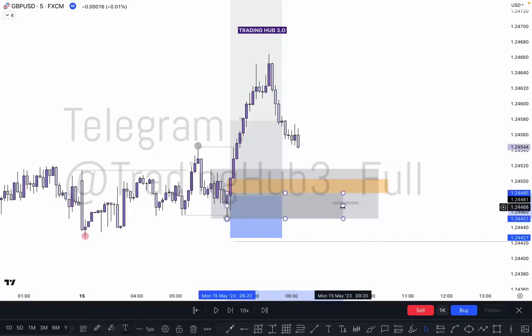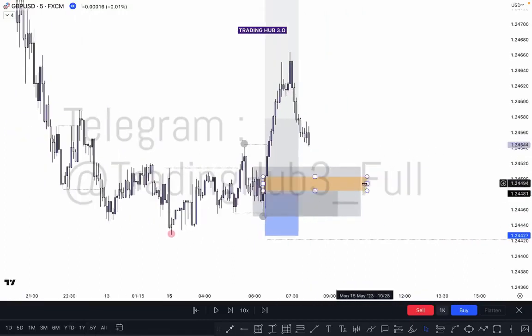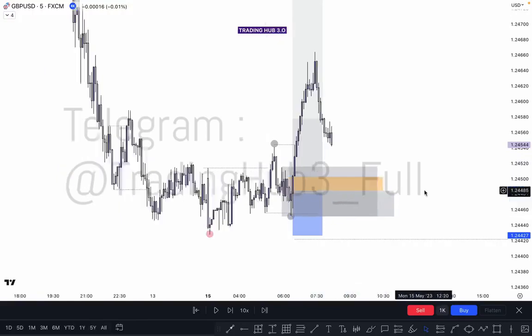In that situation, the market does not fill your order block, because the order block is a refined version of the order flow. That's why. So simply you can choose whatever you want. If the order flow is smaller, then you can choose the entire order flow. If the order flow is larger, then you have to choose inducement, FVG and order block, for refinement purposes. Okay.